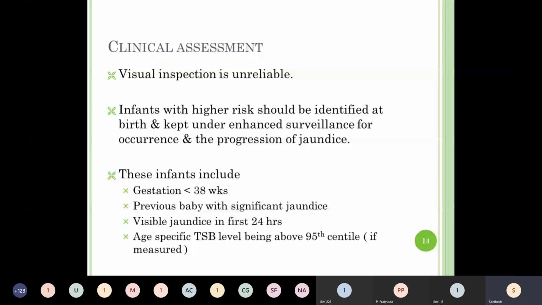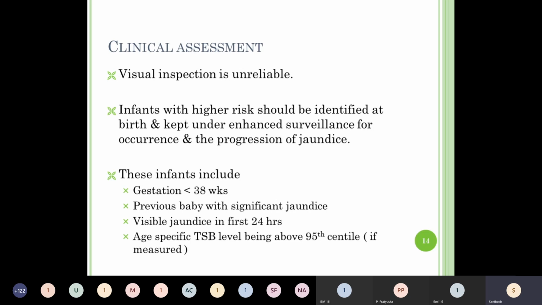So what are these risk factors? The risk factors are the baby's gestational age less than 37 weeks, that is preterm babies. Collection like significant cephalhematoma.